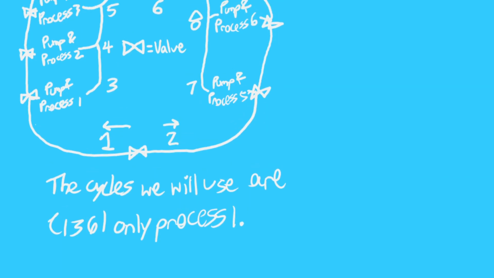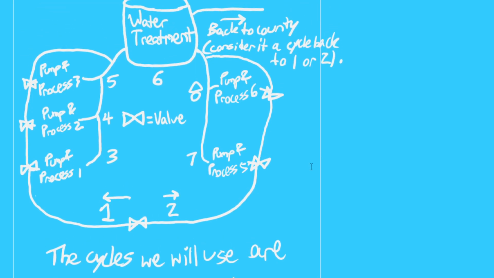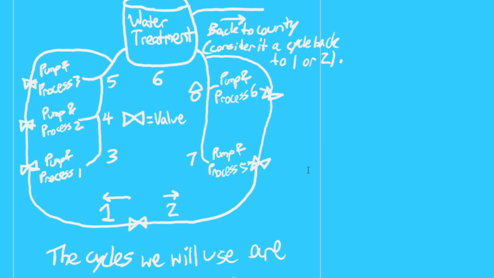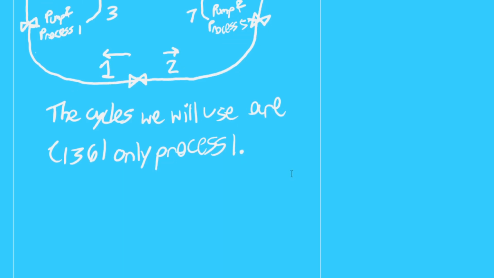Because if you look at this cycle, if we were to let our system know that we need the valve open in direction 1 and only process 3 open, we could describe it as 1, 3, 6, because we have the flow going from 1 to 3, and then it goes from 3 to 6 to the water treatment. And then, of course, it's understood that 6 would go back to 1, just like what we were saying, the water will go back to the county and it'll cycle back to 1.